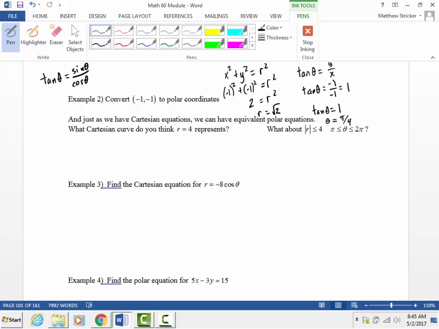Here, like in the second quadrant, x is negative, y is positive. So when you divide y over x, you get a -1. We don't want a -1, we want a +1. So we need them both to have the same sign. What's this angle? 5 pi over 4. So we have pi over 4 and we have 5 pi over 4. How do we know which one? How can we be sure about which one?